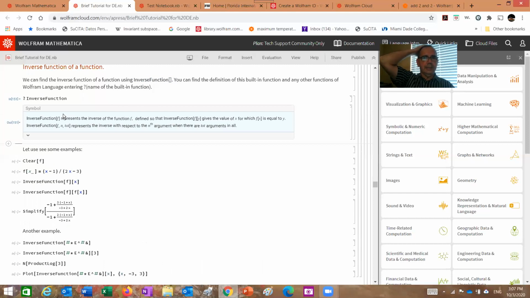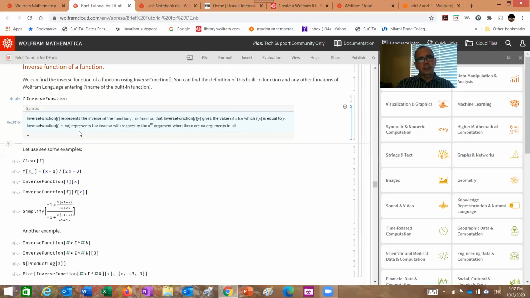You see the explanation, how the function can be written here. So InverseFunction of a function f represents the inverse of f, and it is defined so that InverseFunction of f evaluated at y gives the value of x for which f of x is equal to y. So it defines the inverse function.